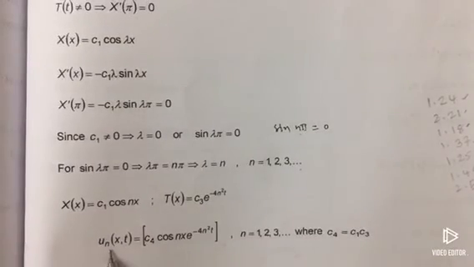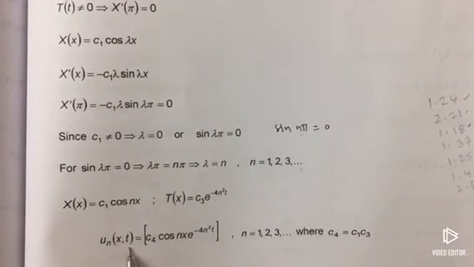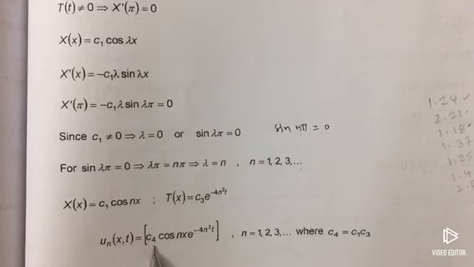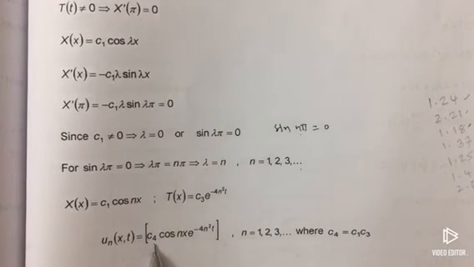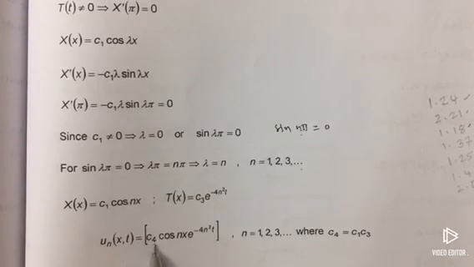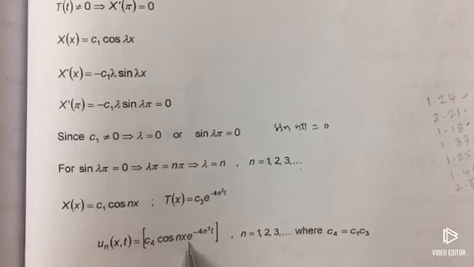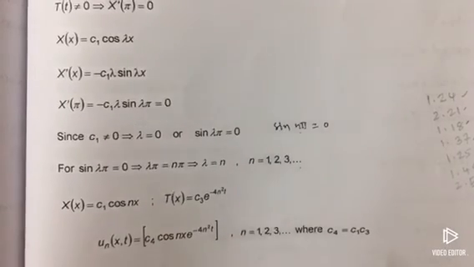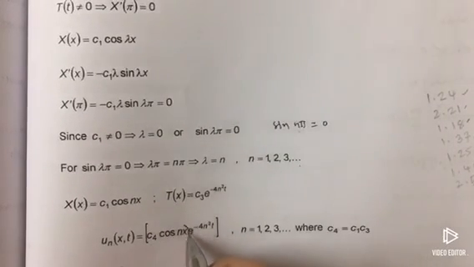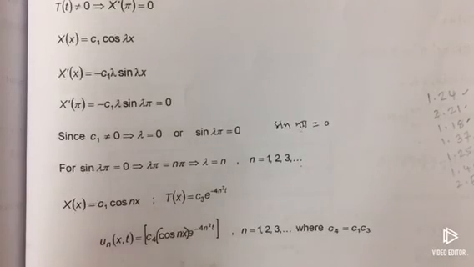So u_n(x,t) equals C4 cos(n x) exponent negative 4 n squared t, because C1 times C3 equals C4. We combine x and t, and combine C1 and C3 into C4.